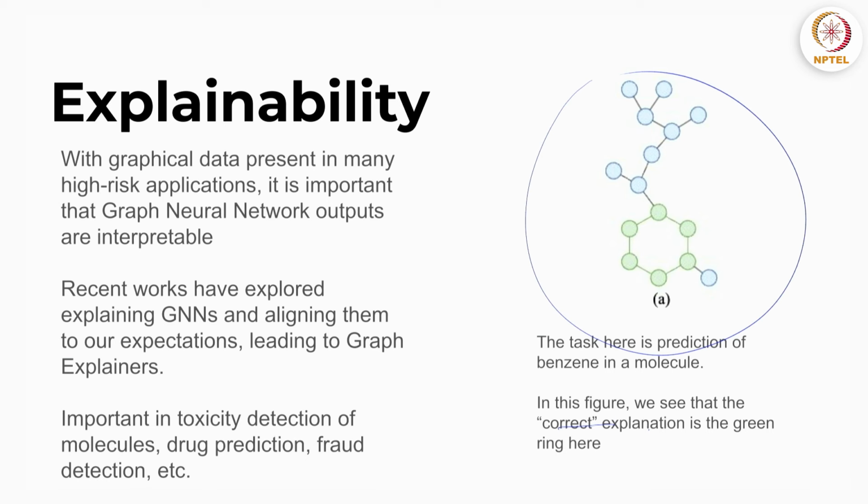If it learns some other spurious correlation, it won't be able to generalize to the actual task. Here, the correct or ground truth explanation is the green benzene ring. We'll keep using this example in the coming slides as well. But I hope you get the point: the GNNs need to learn the correct causal relationships.